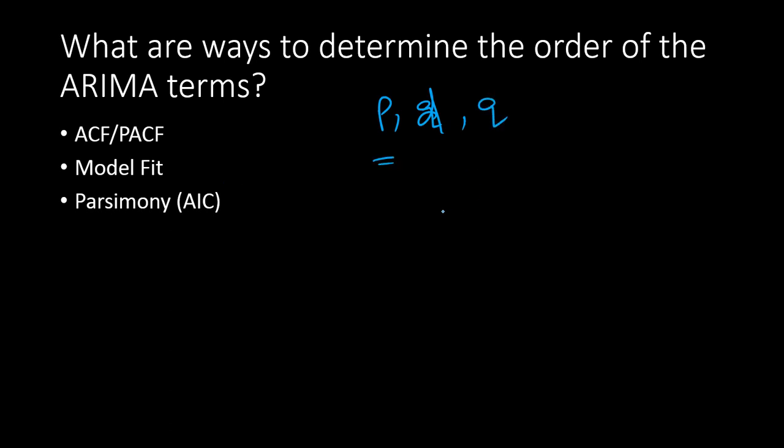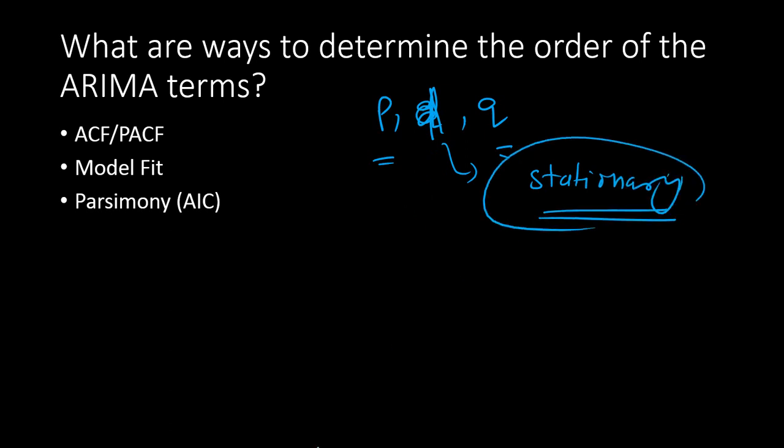P is the number of AR terms required, Q is the number of MA terms, and D is the differencing. We learned in the previous questions that the number of differences depends entirely on how many times the series has to be differenced to make it stationary.